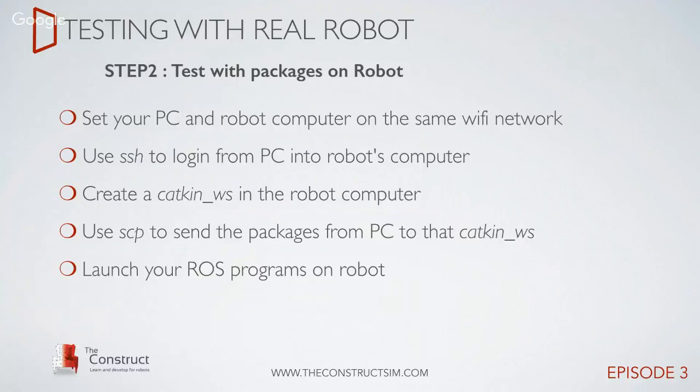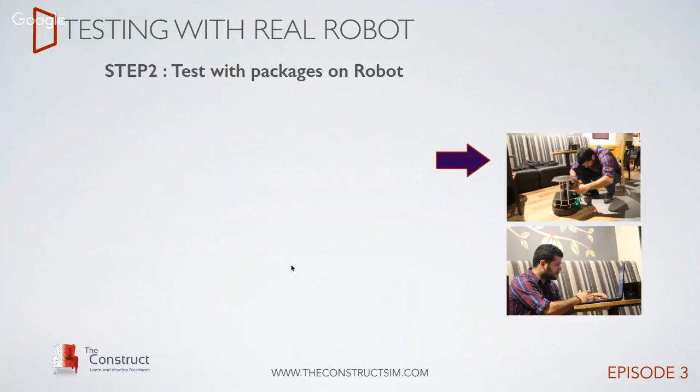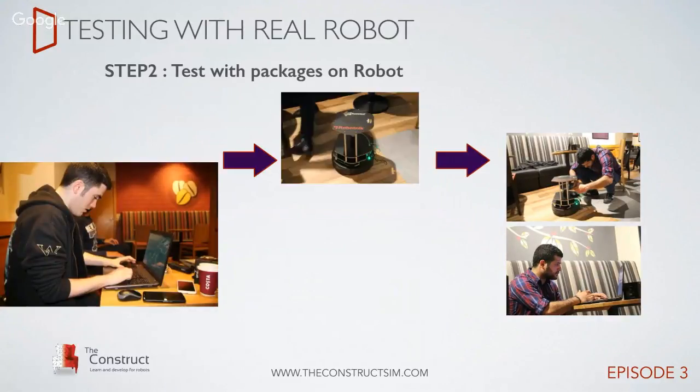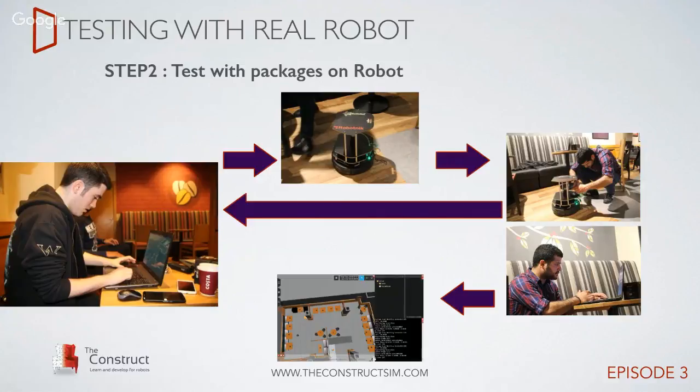Once you have everything there, then you launch your ROS programs in the robot in the same way as you were doing the launch in the previous step, step 1, PC to robot. It's the same, but now everything is running on board the robot computer. The process is exactly the same here. The only change is that, let me put the whole slide, because now you know everything.